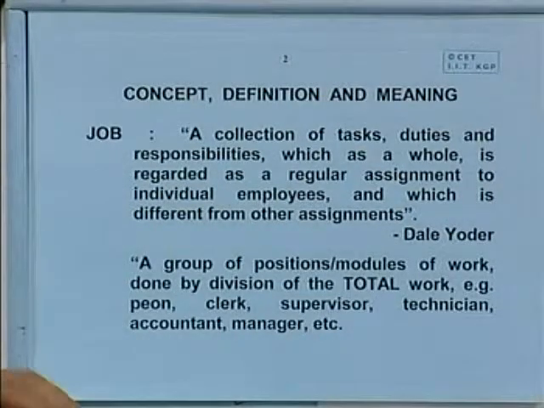Why? To make for better efficiency in operations. Everyone doing everything may not be as efficient as when there is a large volume of repetitive work, and you divide it and make specific people do specific types of jobs. Any questions?